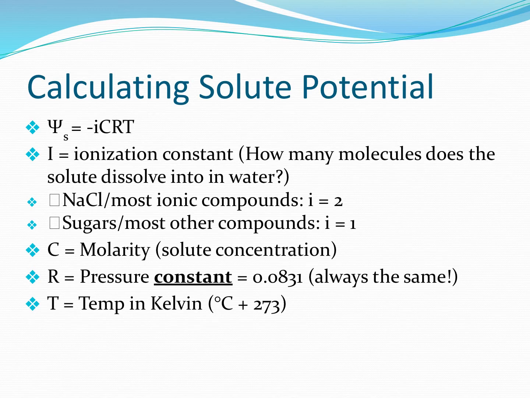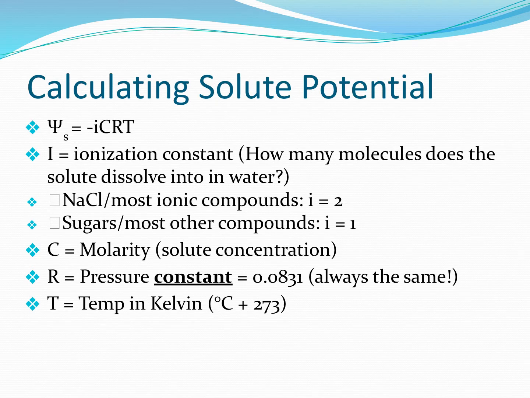So i refers to the ionization constant, a constant value that depends on whether or not the compound forms ions. The two things we see most often when we talk about solutes are salt solutions or sugar solutions.